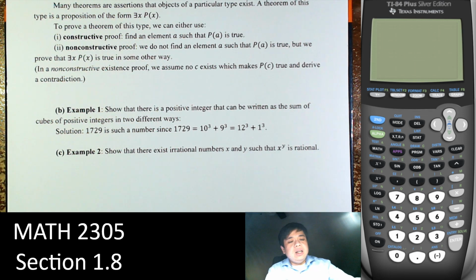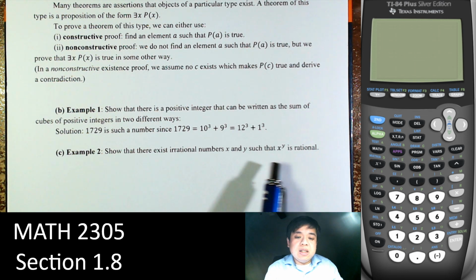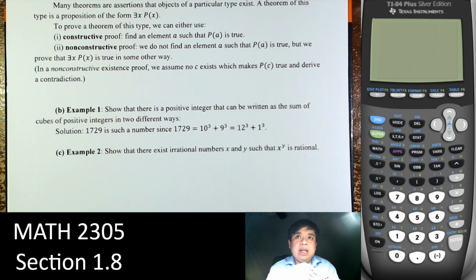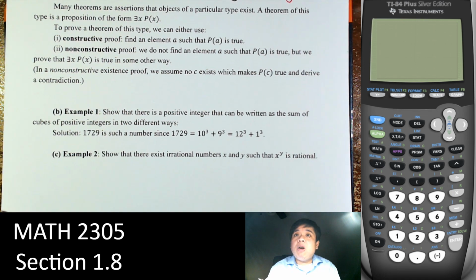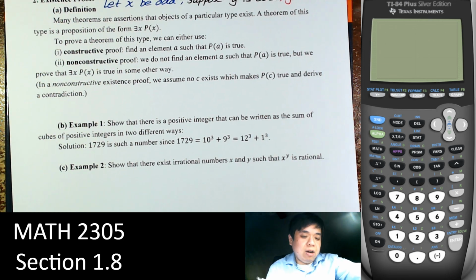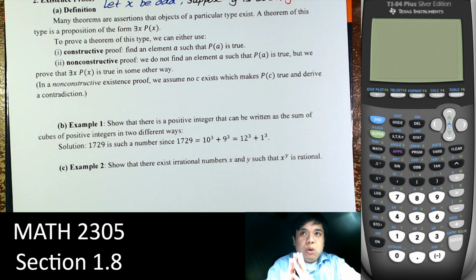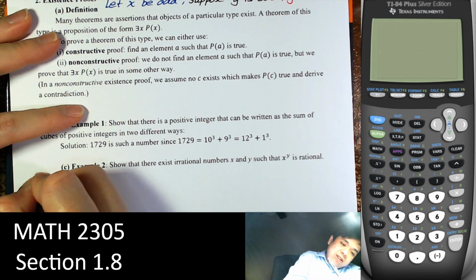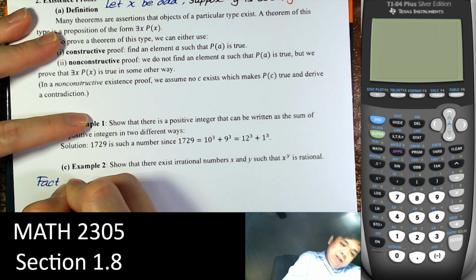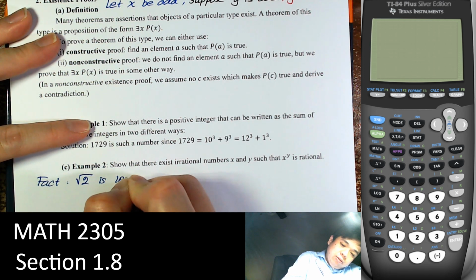Next, show that there exist irrational numbers x and y such that x to the y power is rational. Now this is a little bit difficult. It's the classic problem. So let's see. We know earlier that square root of 2 is irrational.